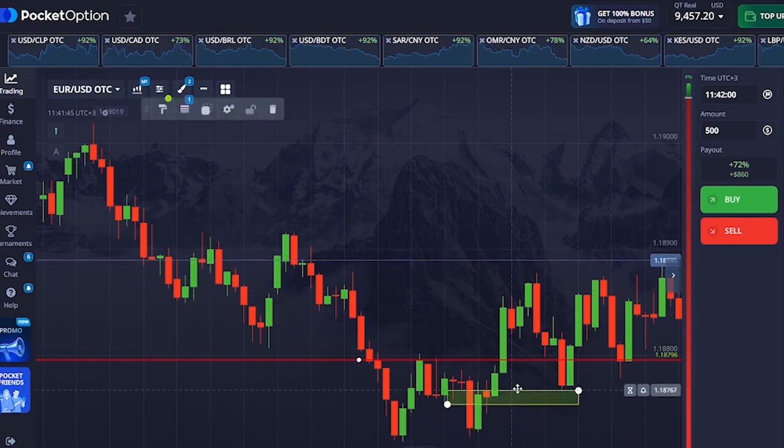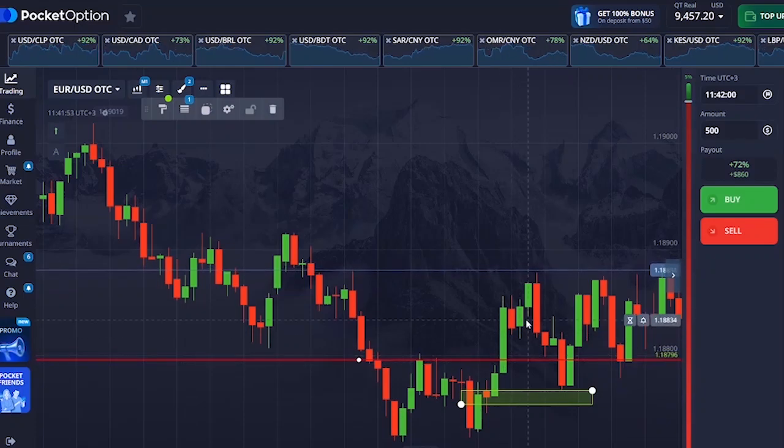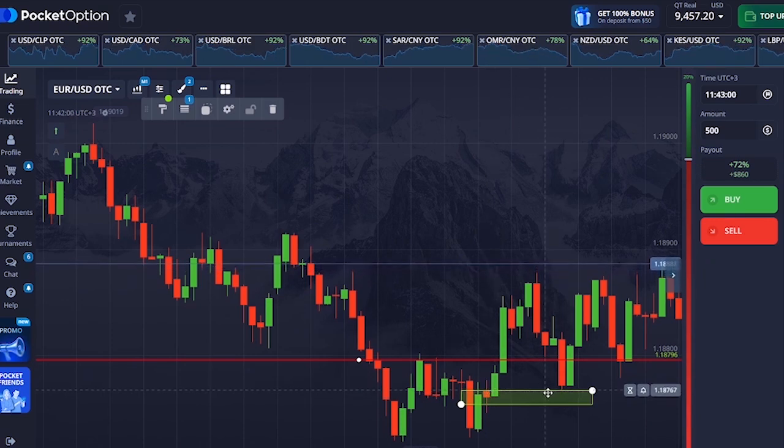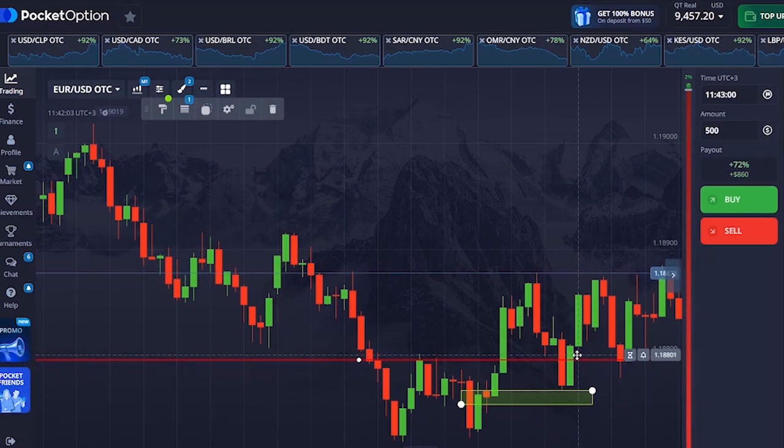So what we look for when looking for our entry, we look for a demand area, sorry. So right here we have this demand area, and we expect that since now the market trend has changed, once the market comes back to this demand area, we can take a trade for one minute.